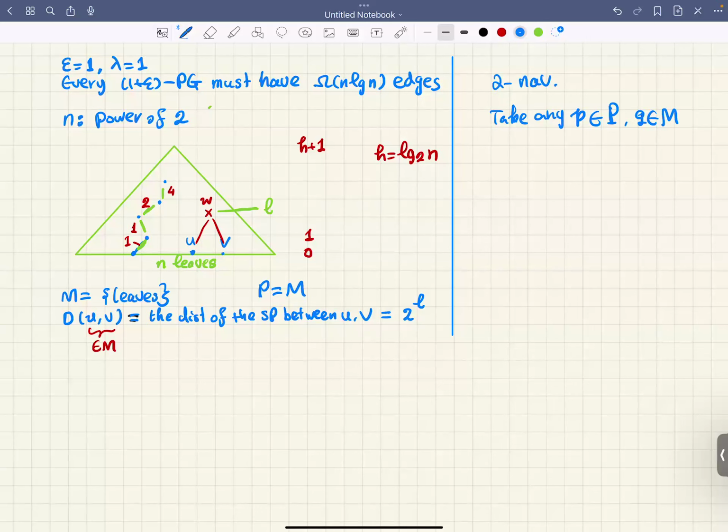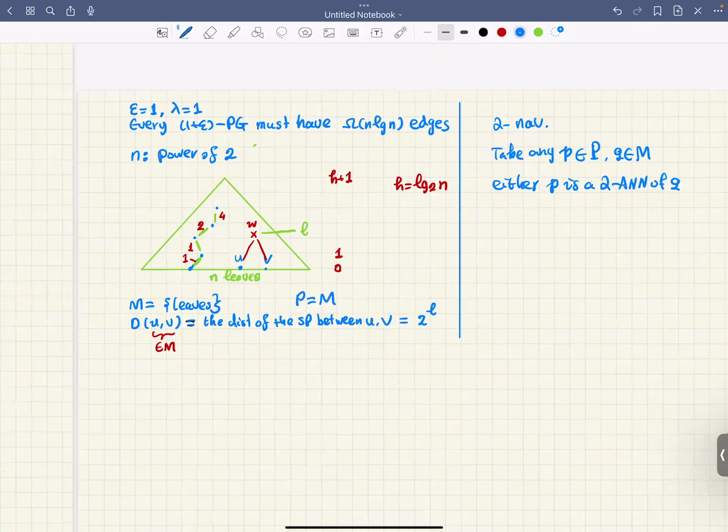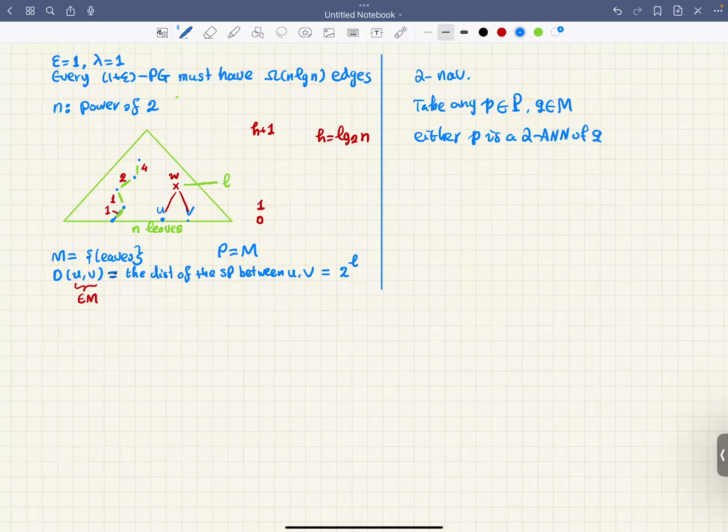Of course, here P and M are the same. It says either P is a 2 nearest neighbor of Q, which means if you were standing at P, you could return just P itself, so it doesn't have to do any more greedy.